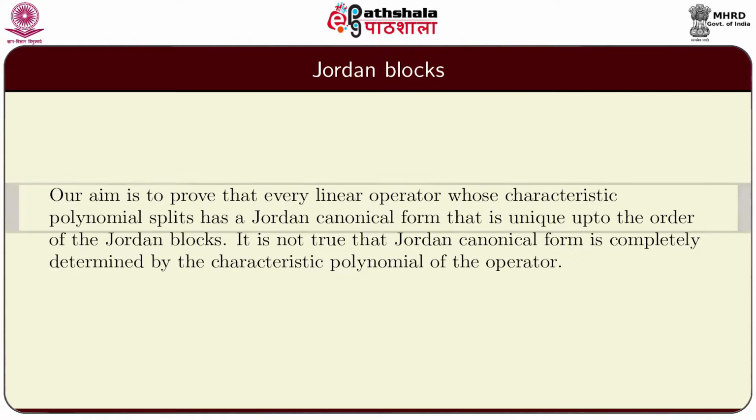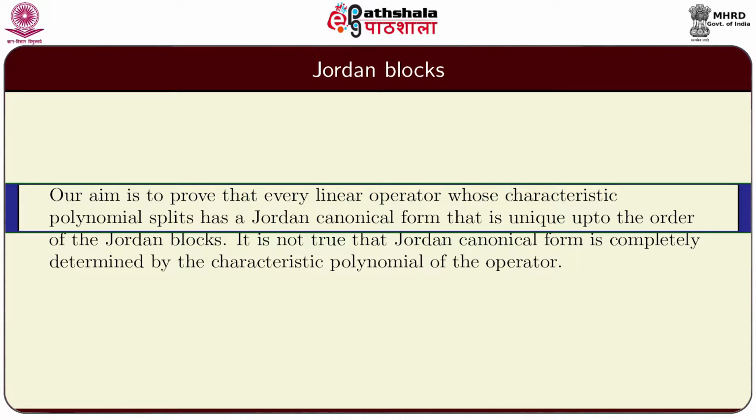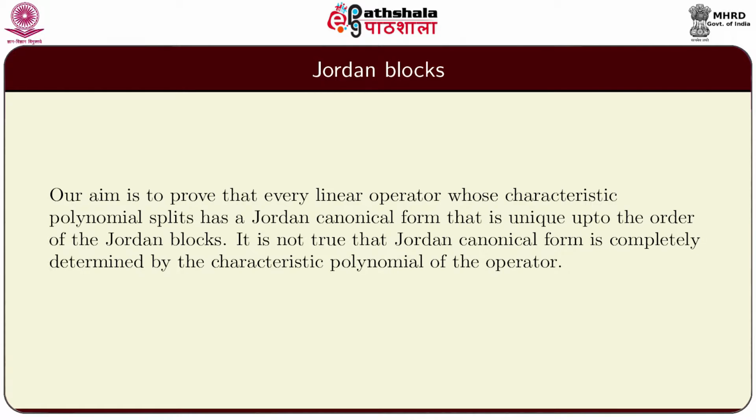Our aim is to prove that every linear operator whose characteristic polynomial splits has a Jordan canonical form that is unique up to the order of the Jordan blocks. It is not true that Jordan canonical form is completely determined by the characteristic polynomial of the operator.